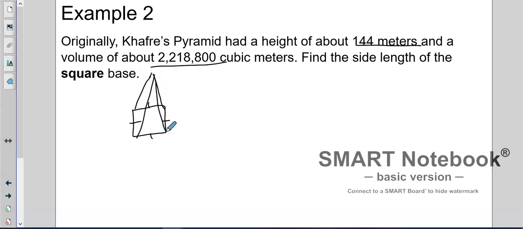Now the height is 144 meters. Okay? We know that the area of the base is formed by a square. Okay? So volume equals area of the base times the height divided by 3. What do we know? Well, we know the volume. So we put that on this side.